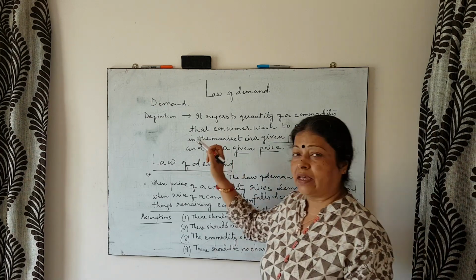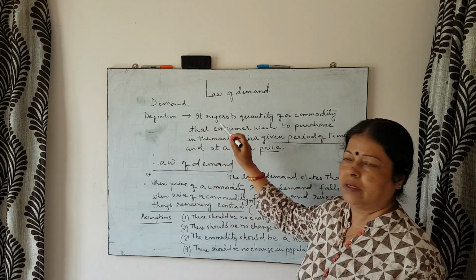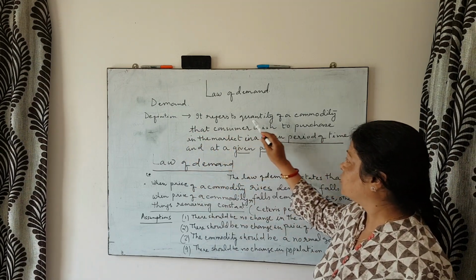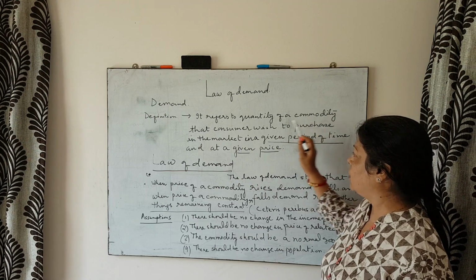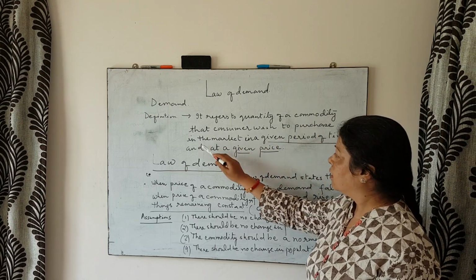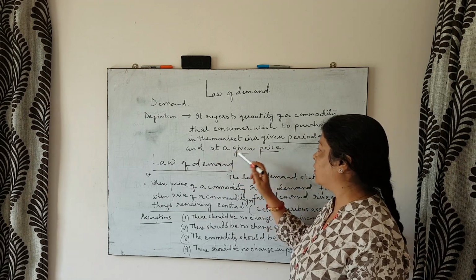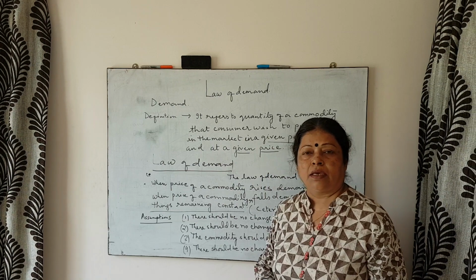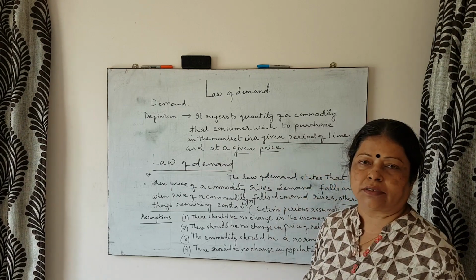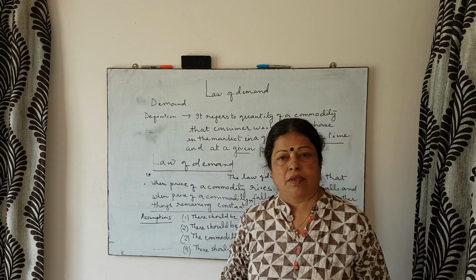If you want to define this term, then this will be a definition. It refers to quantity of a commodity that consumer wish to purchase in the market in a given period of time and at a given price. Here two words are important. First, given period of time.